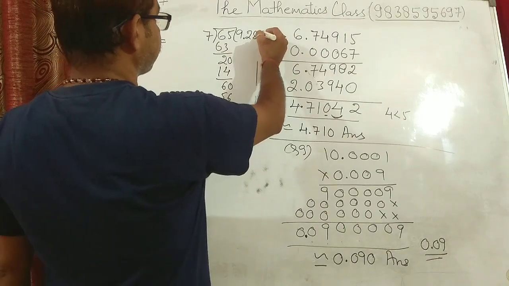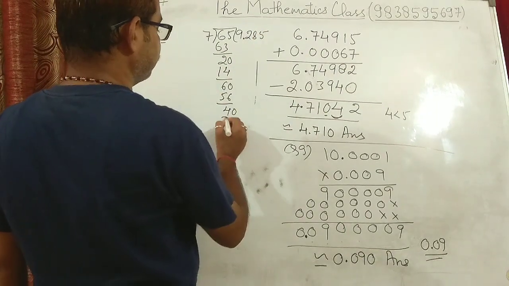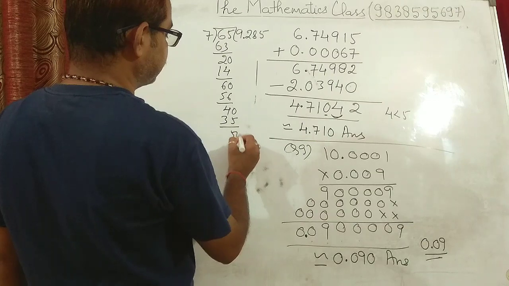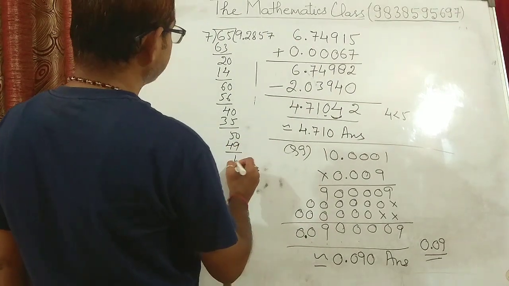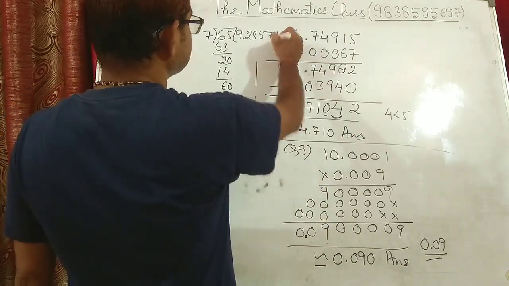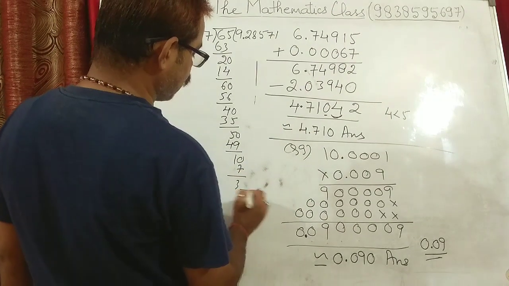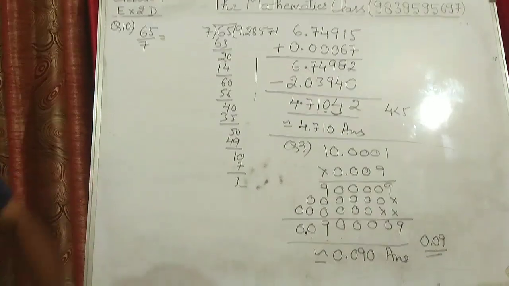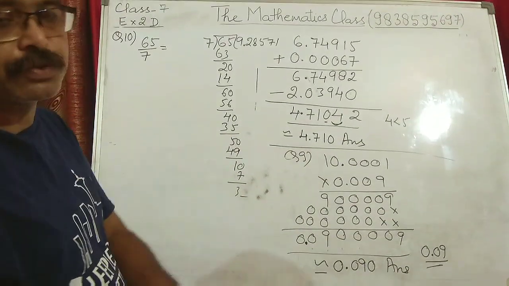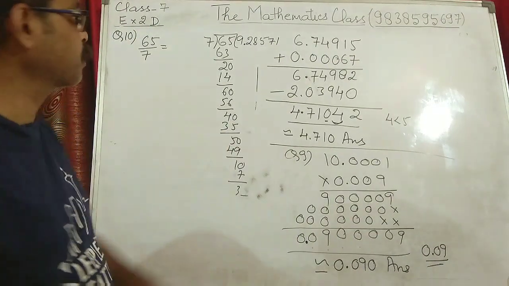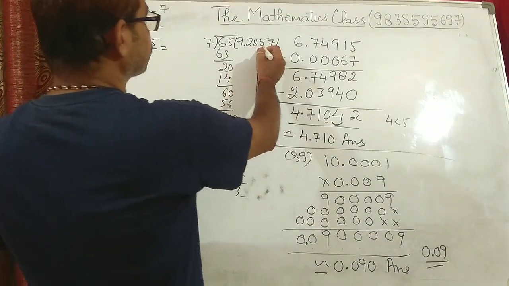7 fives are 35, 5 left, 50. 7 sevens are 49, 1 is left. 10, 7 ones are 7, and so on. It will continue, but we have to write up to 3 decimal places, so we find the answer up to 4 places. So 1, 2, 3, 4.